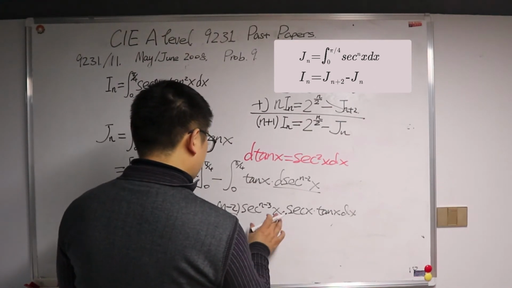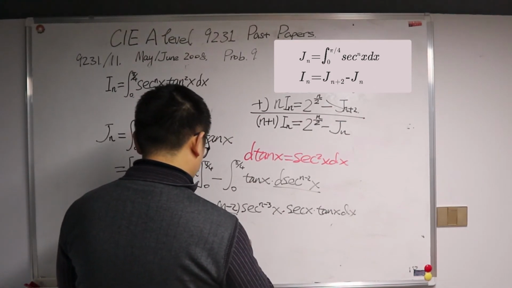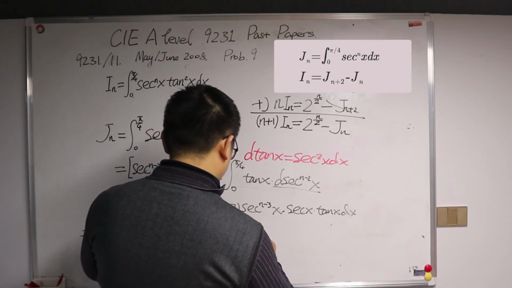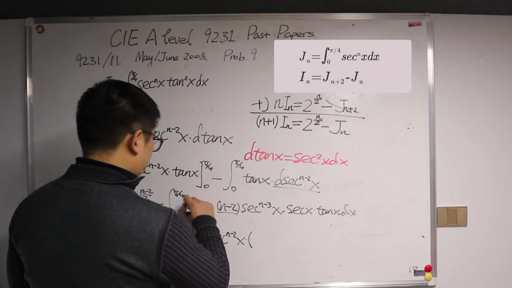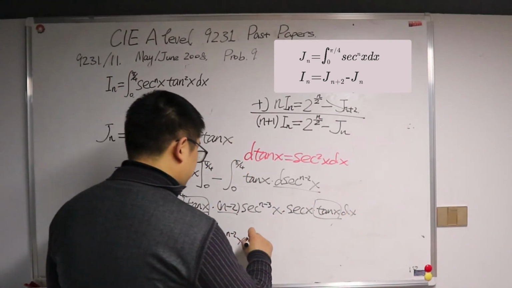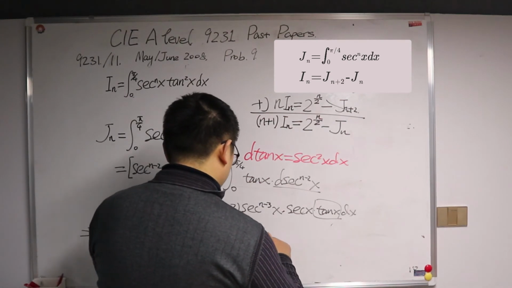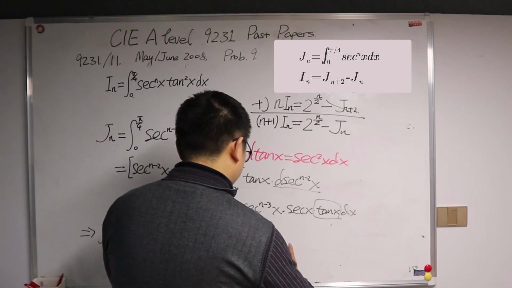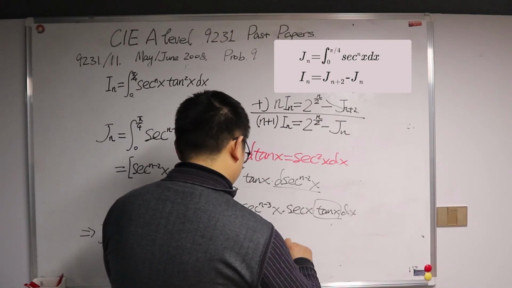So we have, remember the square of tangent x is nothing more than the square of secant x minus 1.